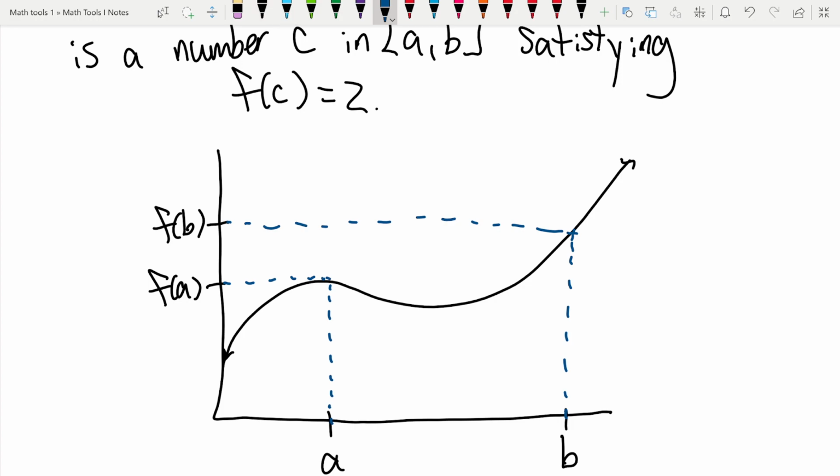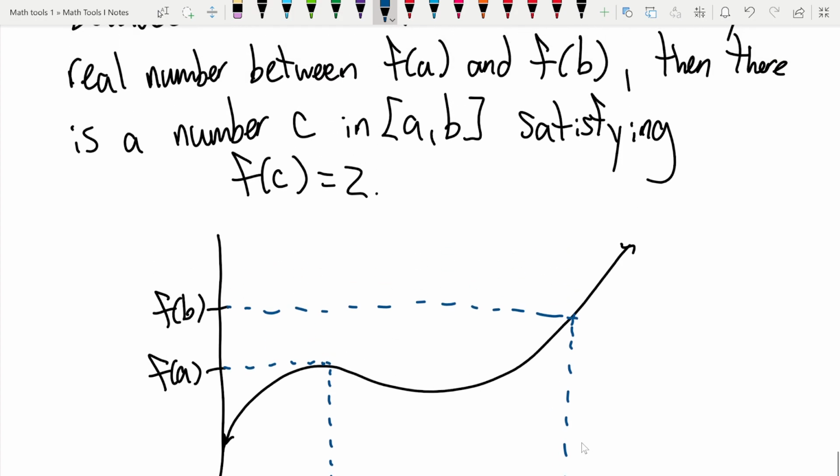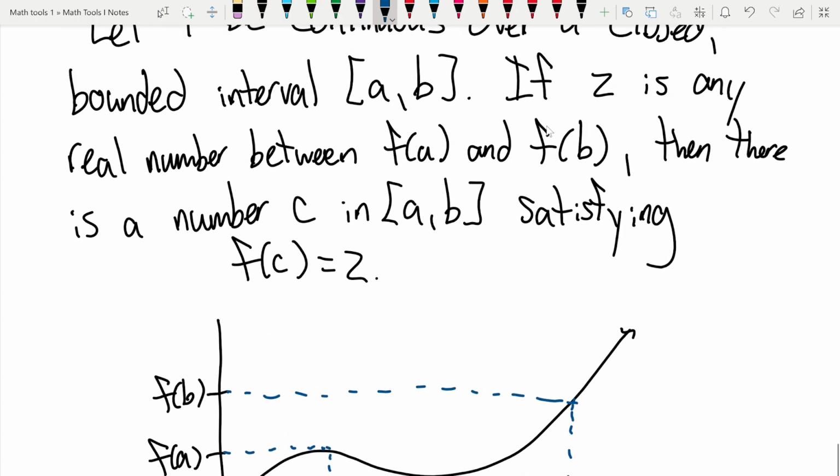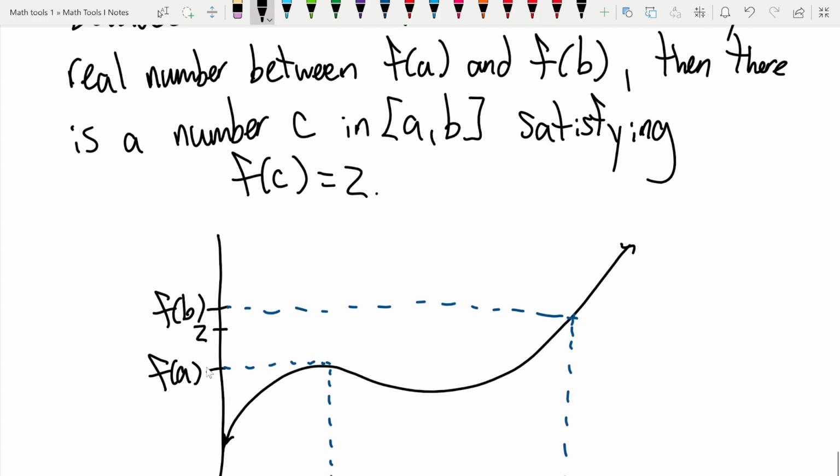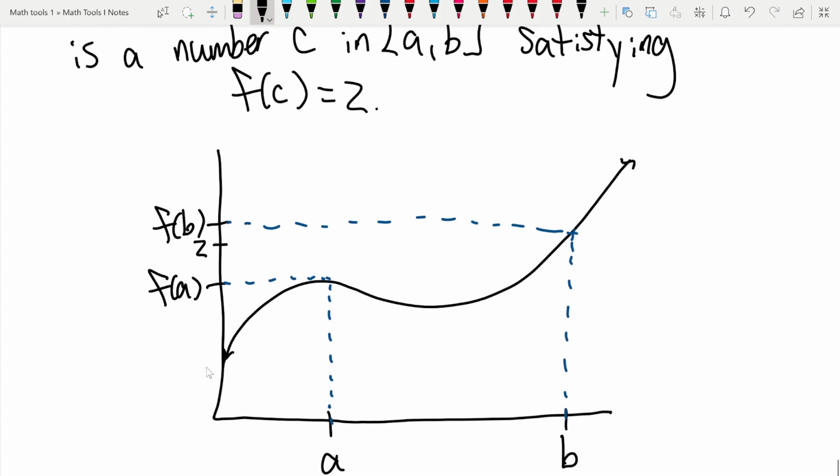Then this theorem says that if you take any z between f of a and f of b, so any point between these, doesn't matter where it is, so let's say z is right here, then that means that there is a number c, a corresponding number on the inputs, where f of c is equal to z.